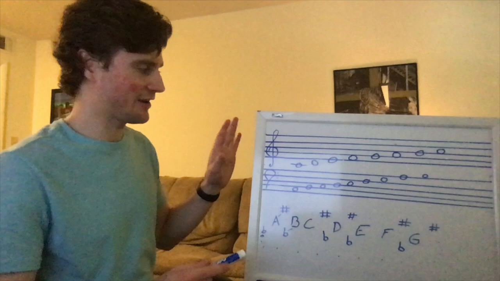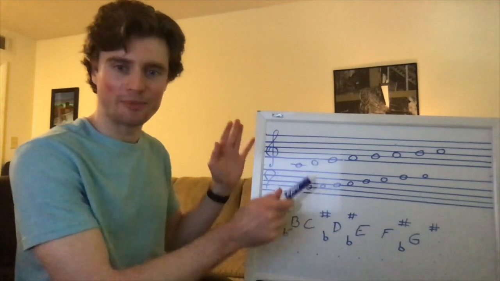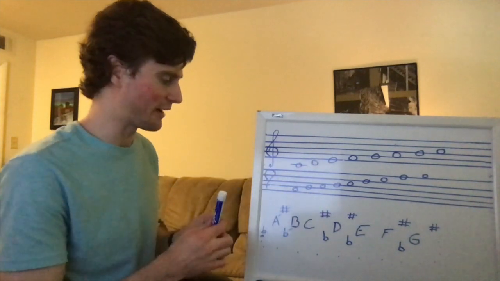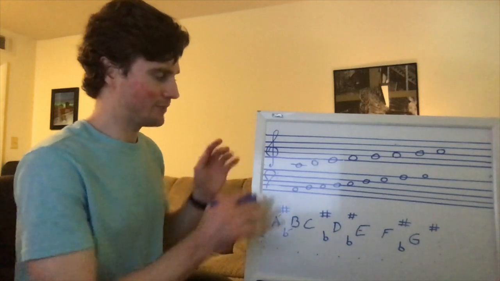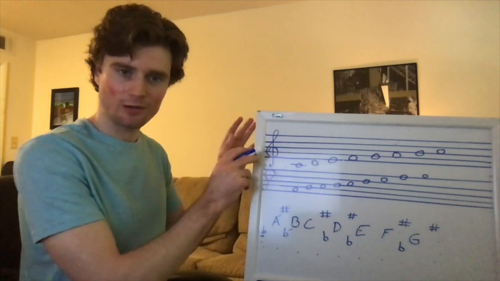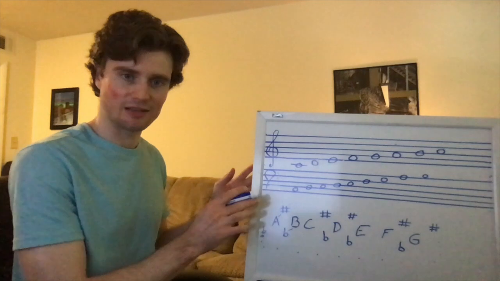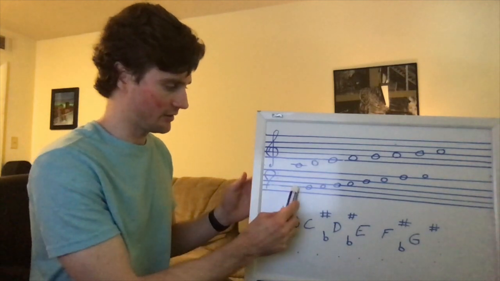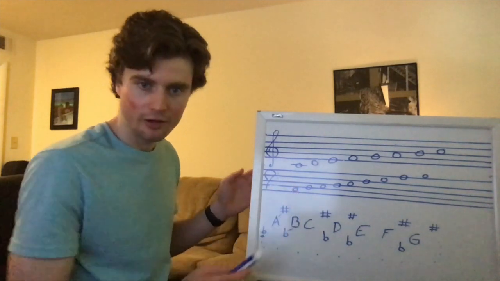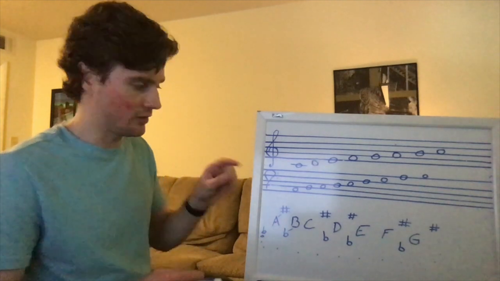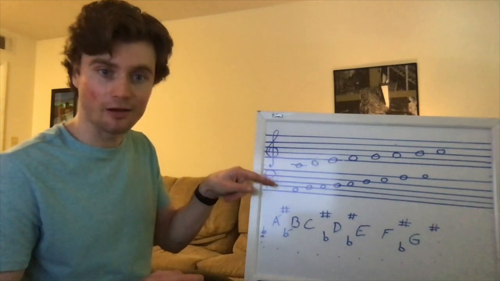So let's talk about how we actually understand the pitches as written on these two clefs. So let's start. People are usually more comfortable with the treble clef, but I'm going to start in the bass clef for now. So the first thing, this pitch right here, it's a little circle in the space between the bottom and second line here.